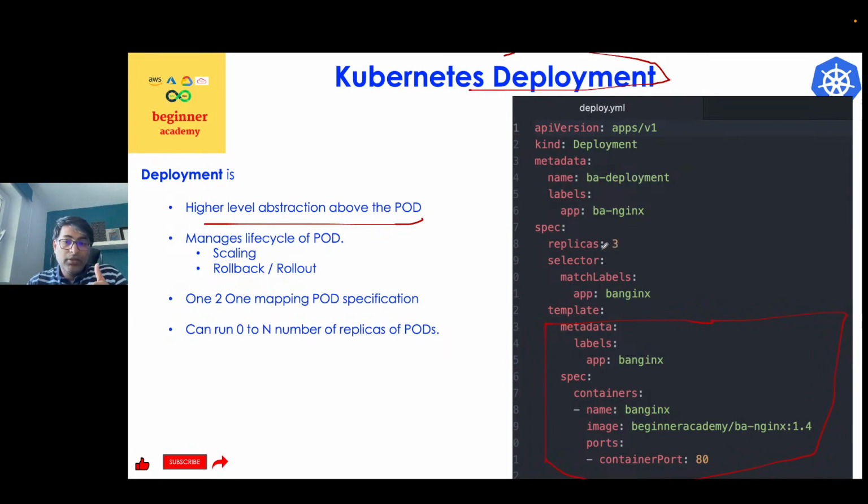Here we can mention how many replicas are required. Think that your application has to be scaled at the initial time itself. You know that on a daily basis, this many customers access your application.